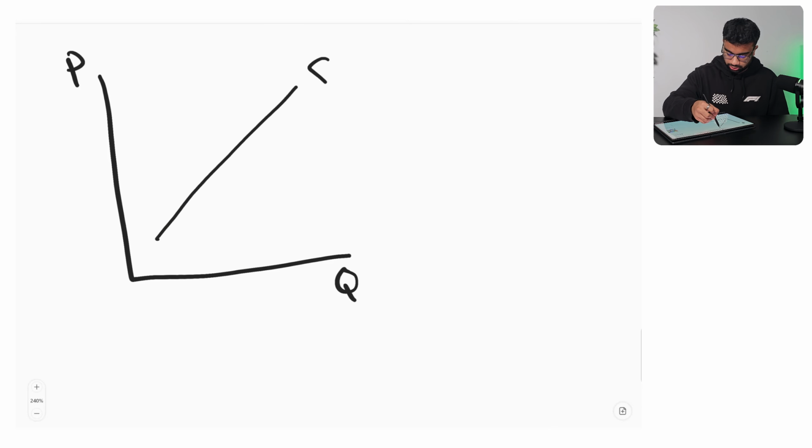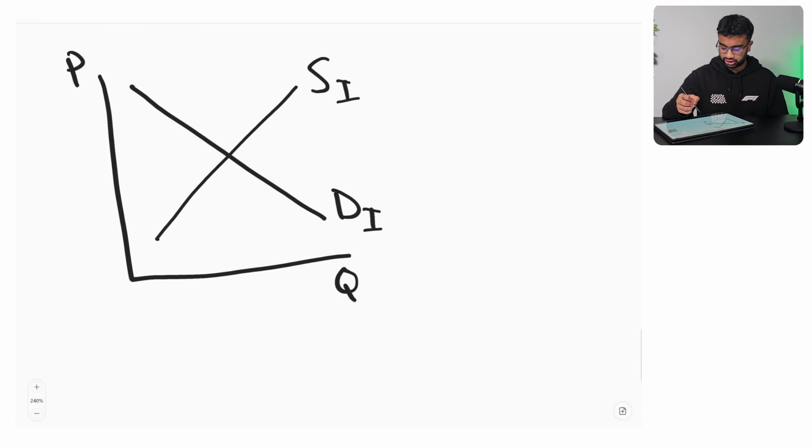Our supply for ice creams will look something like this, and our demand for ice creams will look something like this. And so if we were to look at this, we could see that we are at equilibrium here, which means, as we discussed in the last question, there's neither excess supply nor demand. So everyone in the ice cream market is happy to be buying the amount of ice cream that they are.